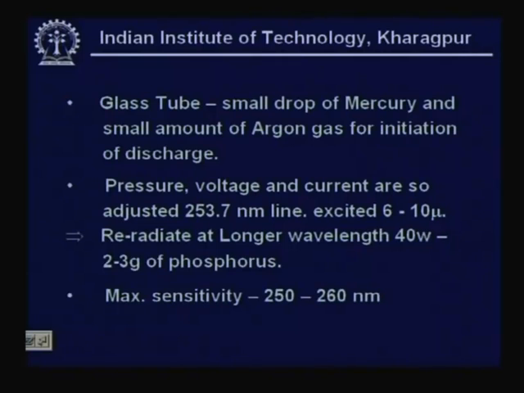A small amount, see the amount required. 40 watt lamps are very commonly used, which all of us have been using in all our offices and homes. Now, with respect to these phosphors, one talks of sensitivity. Sensitivity means the point on the wave spectrum where they absorb the light and then they re-radiate, of course, in the visible zone.